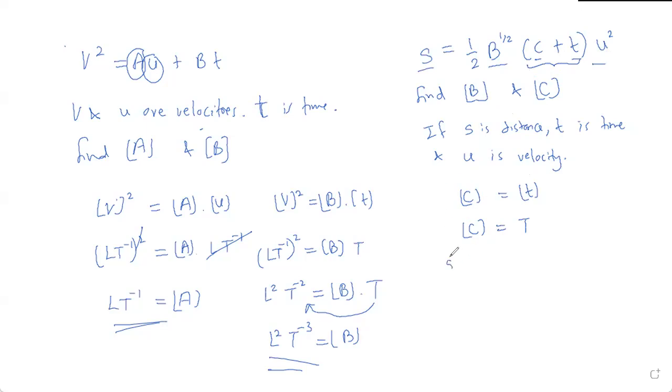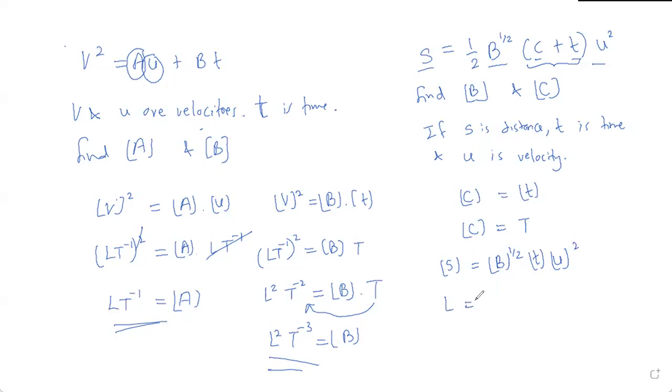So this units of distance is equal to units of B to the power half into, you can take as the units of time, right? Units of time, or even C, like both have the same, no? Both are additions also, no? So they can be taken as single expression. Into U squared, dimensions of U squared should be that's the equalization.